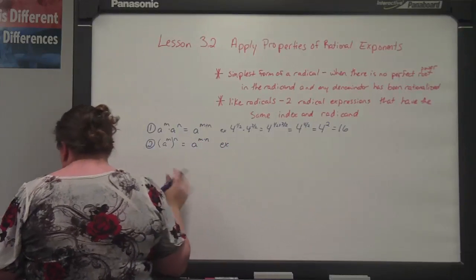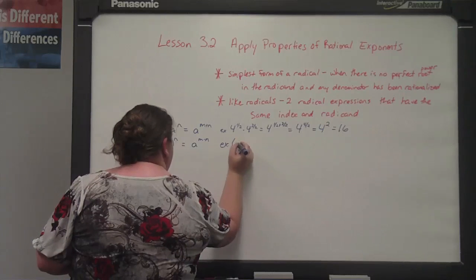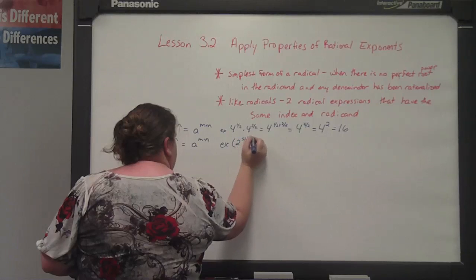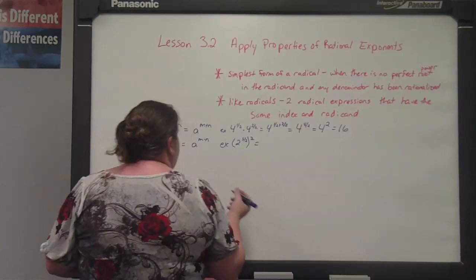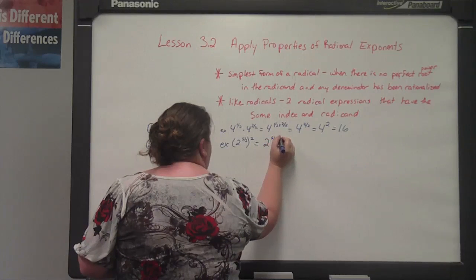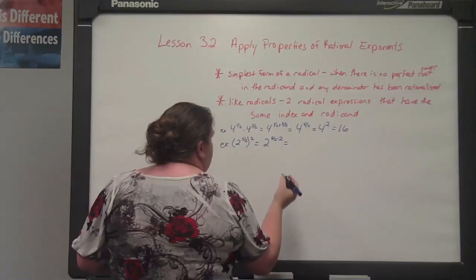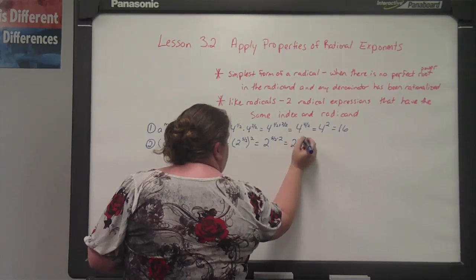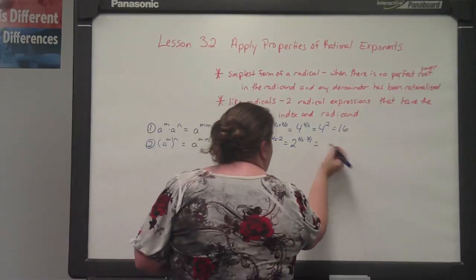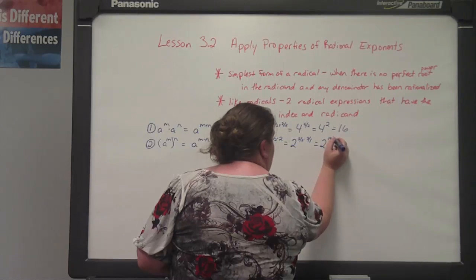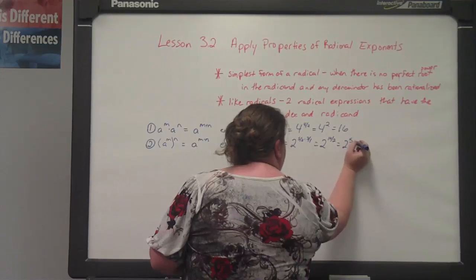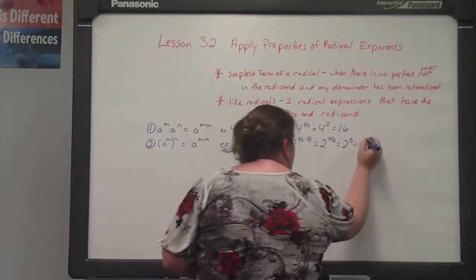So again, an example could be 2 to the 5/2 power squared, which would be 2 to the 5/2 times 2, which is the same as saying 2 to the 5/2 times 2 over 1. So now we can see that it is 2 to the 10 over 2 power. We can reduce 10 divided by 2, so 2 to the 5th, which gives us 32.